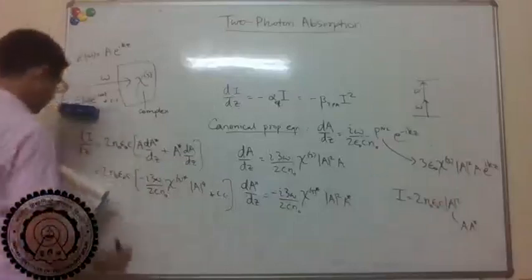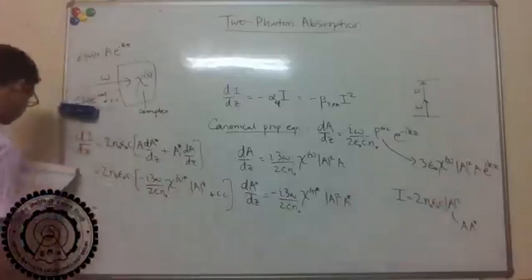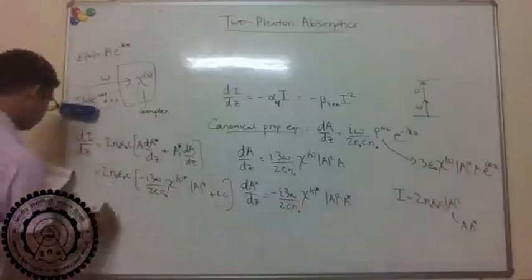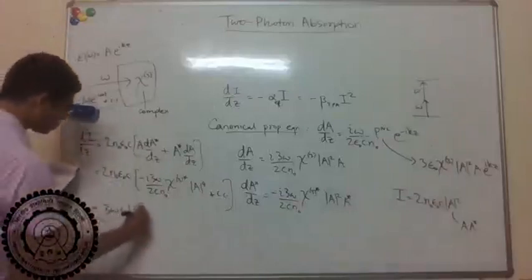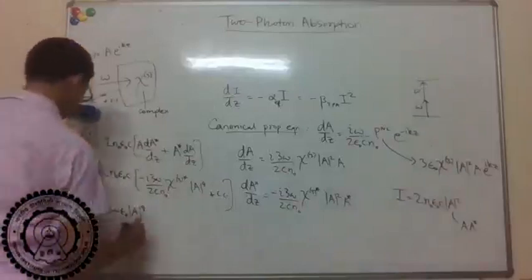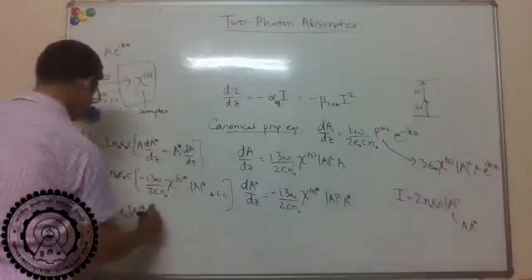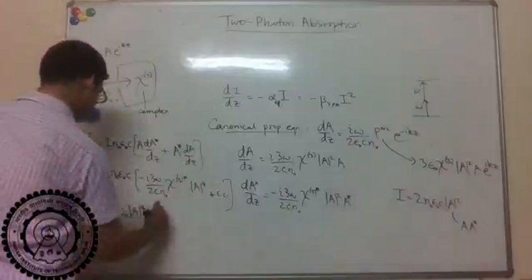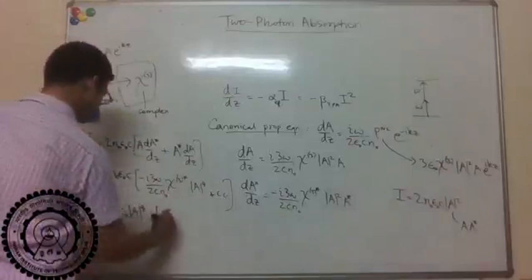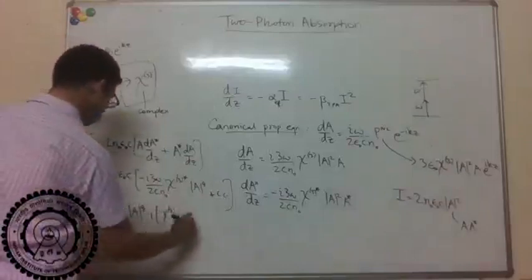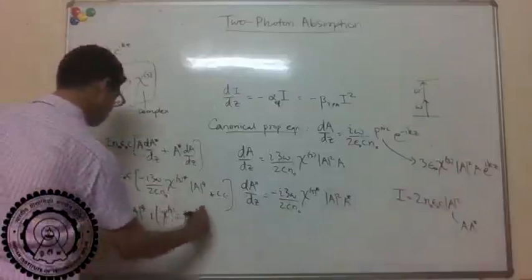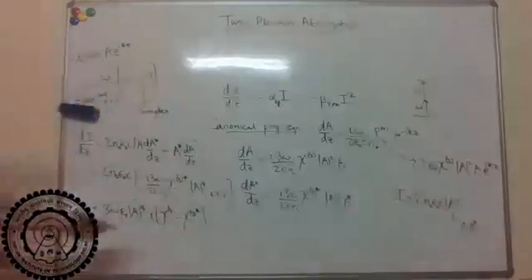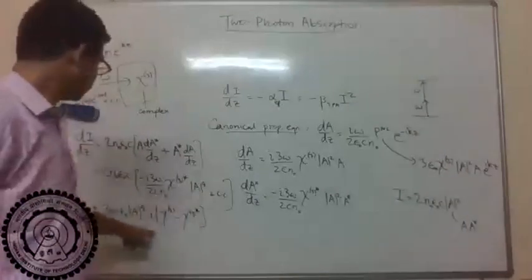Right, so this I can write like that. So now mod A to the fourth is just a real number, right?